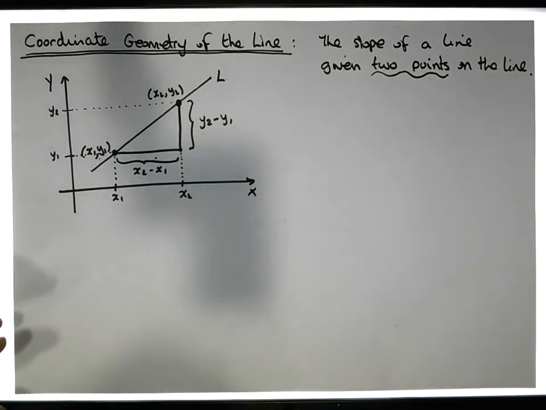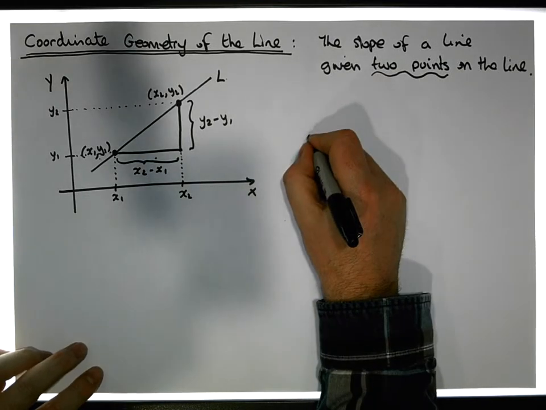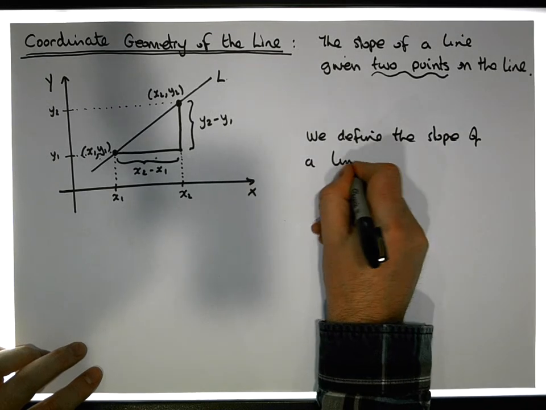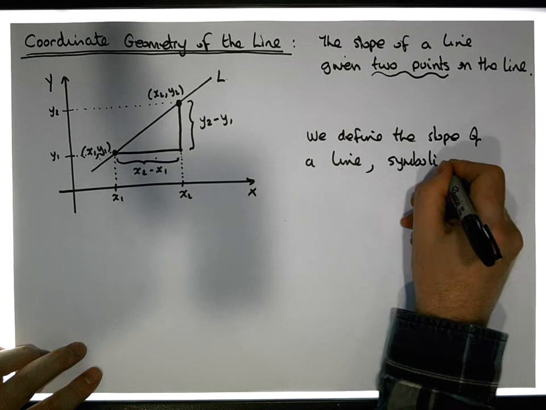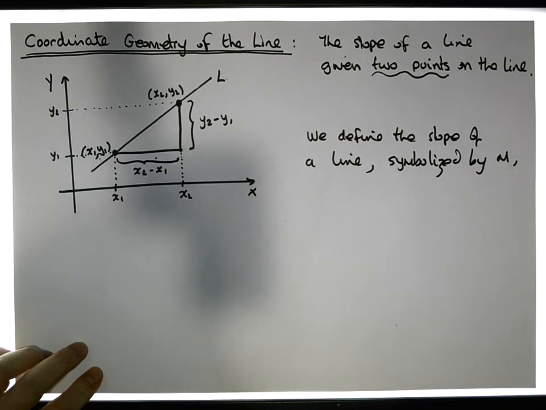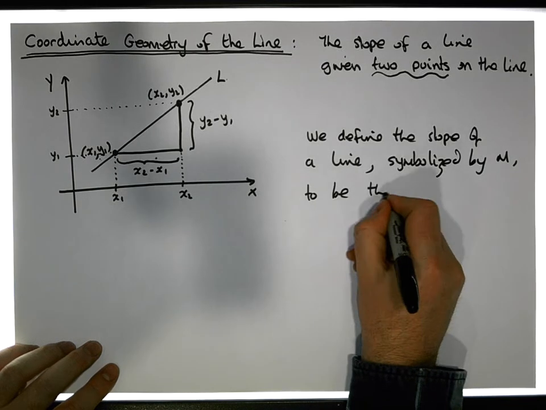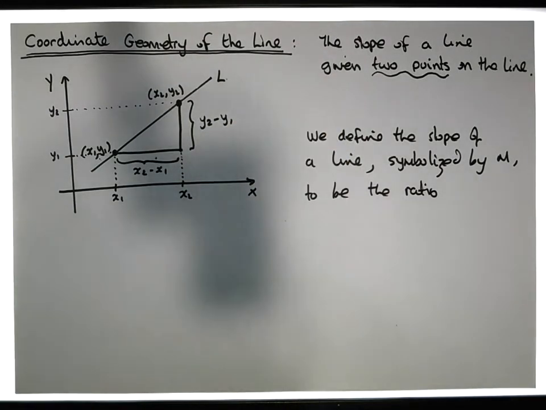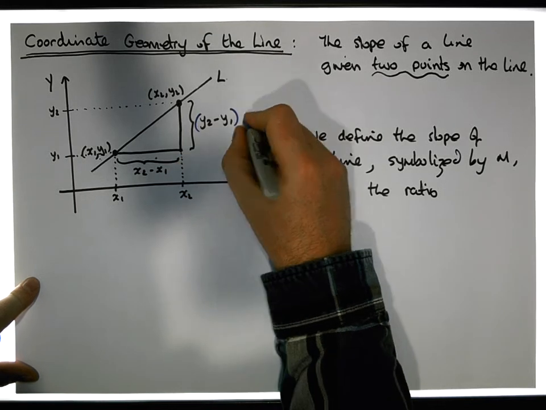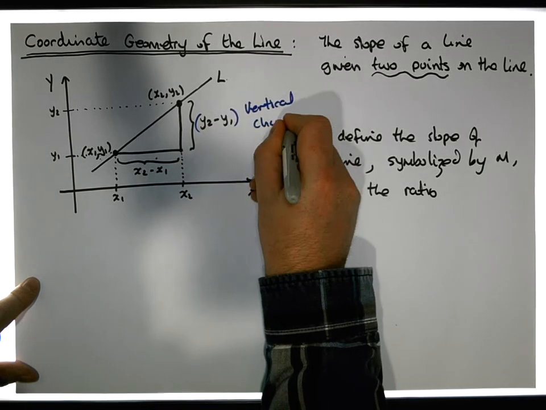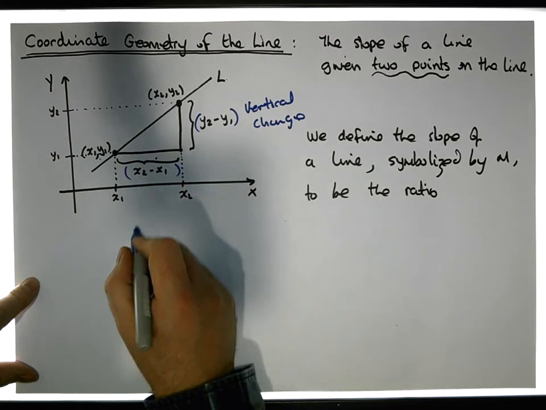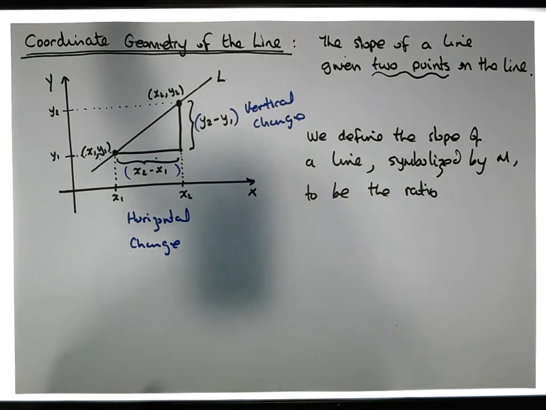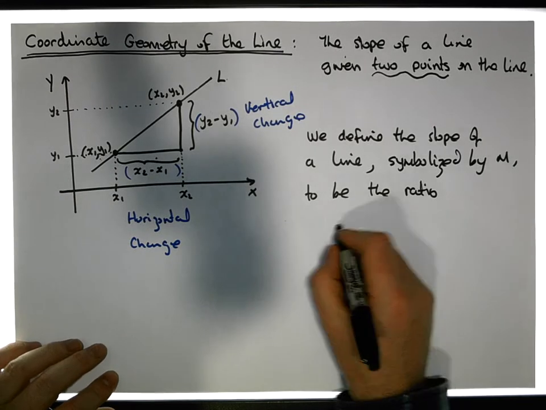And we define the slope of a line, symbolized by m, to be the ratio of this vertical change to this horizontal change.